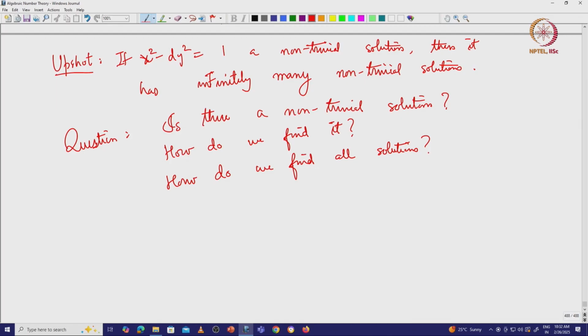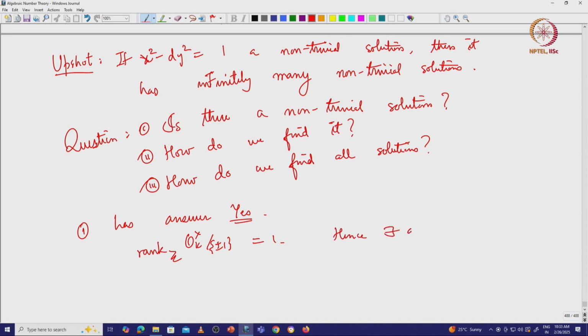Okay, so we can answer the first question straight away. The answer is yes. And why is that? Well, we know that the rank of O_K cross modulo plus minus 1 is equal to 1.